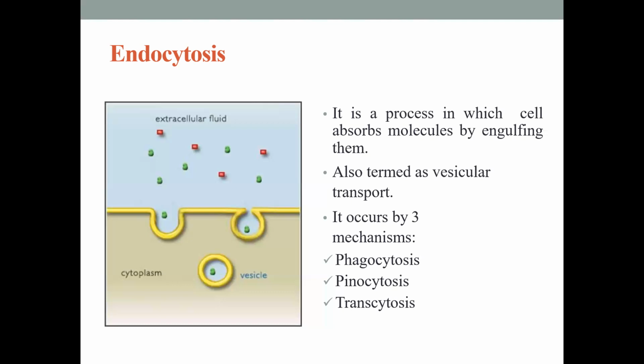And the last one, transcytosis. What is meant by transcytosis? Orally absorbed vaccines or large protein molecules are absorbed through the pinocytosis mechanism, but sometimes the endocytic vesicles are transferred from one extracellular component to another.